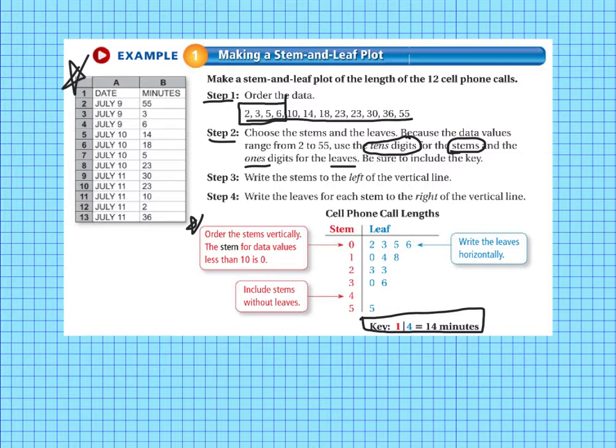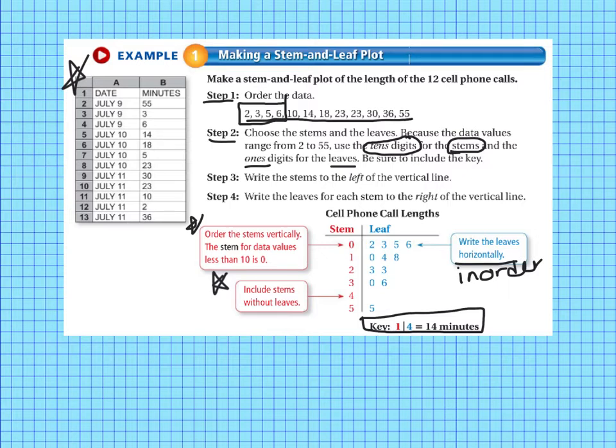And your stems need to be in order. So that's the whole point of a stem and leaf plot, is to organize our data. So if we scramble up our stems and our leaves, then nothing is organized. And then our leaves also need to be horizontally, and they also need to be in order. Another important note here is we include stems that don't have any leaves. So we'll get to that in just a second.